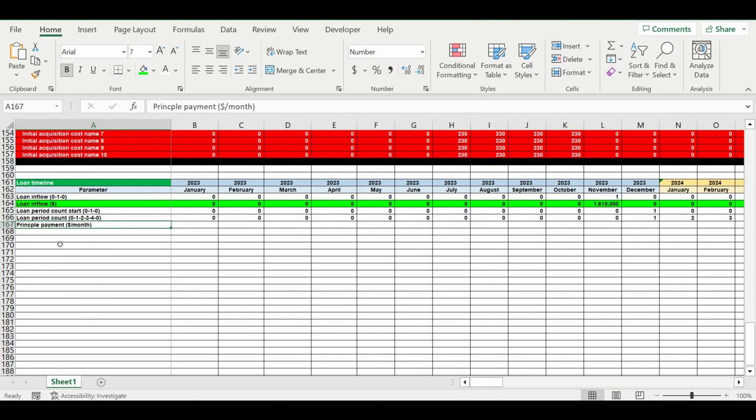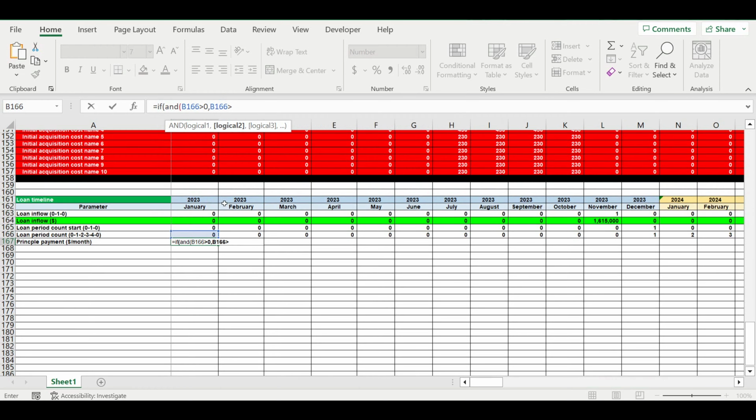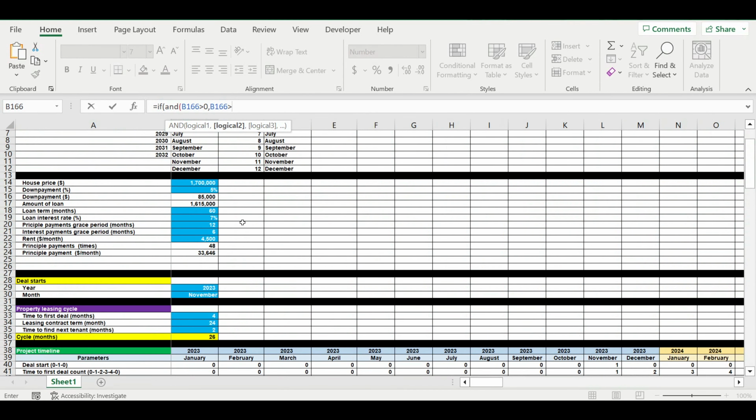So for the principal payment, if this value is more than 0 and this value is more than, we are going back. The grace period for principal equals 12 months.